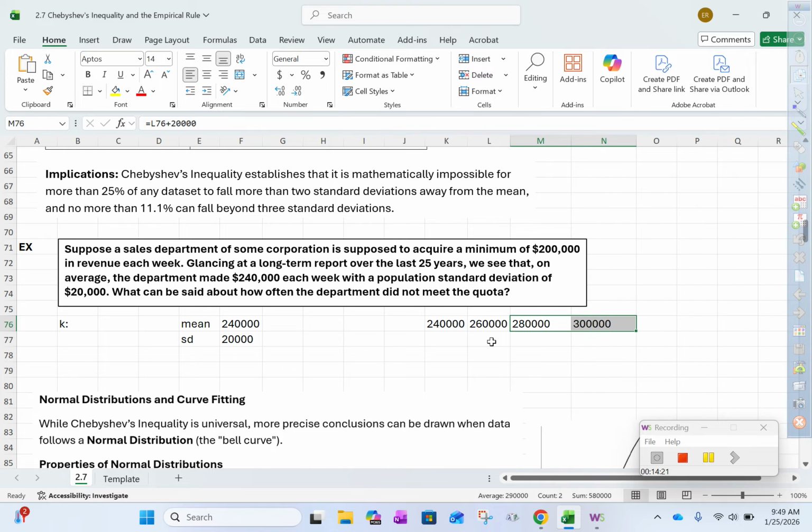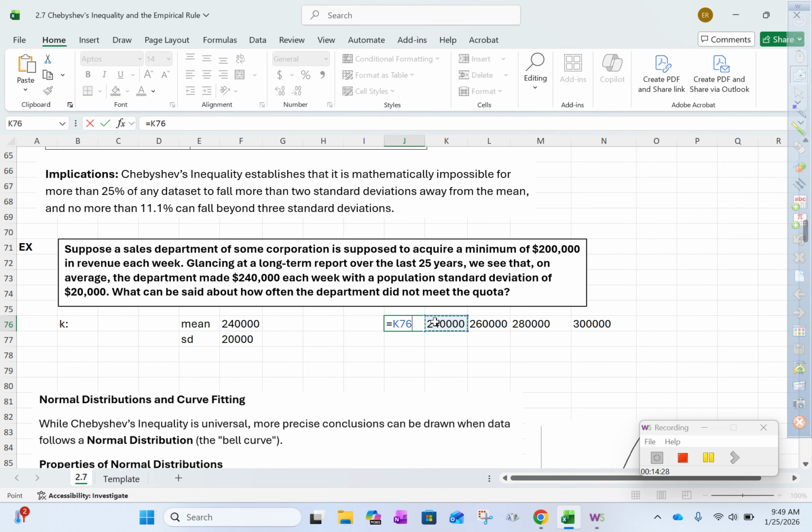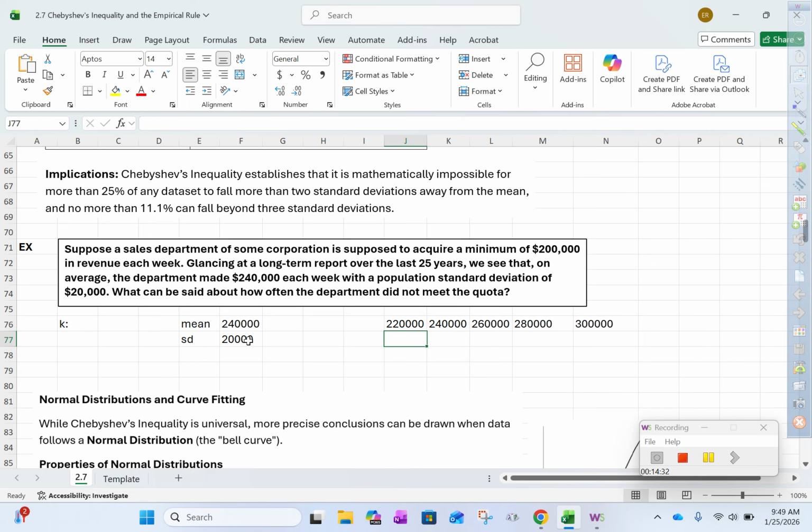And that's why I did this cell select, even though this is really easy to count up and down. We can also do it this way, equals this value, and we can subtract the standard deviation over here. That's 1 standard deviation below. There's 2, and there's 3 standard deviations below.